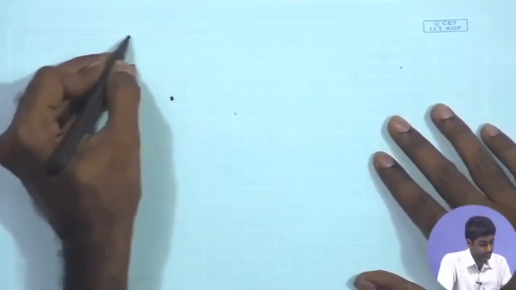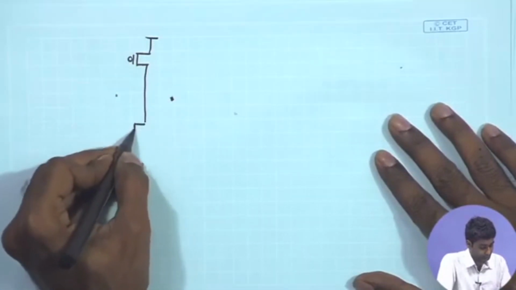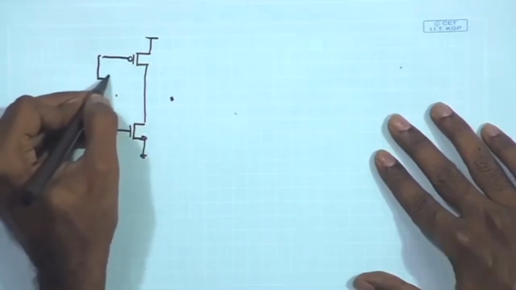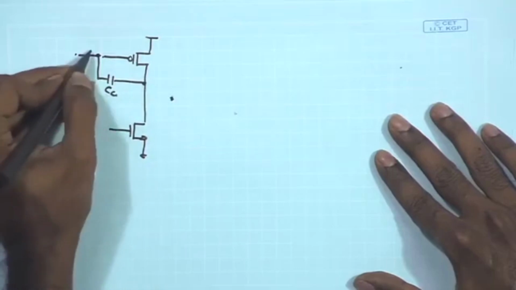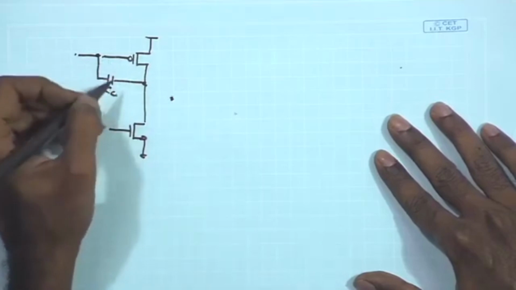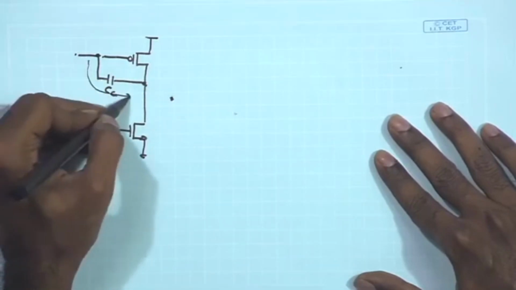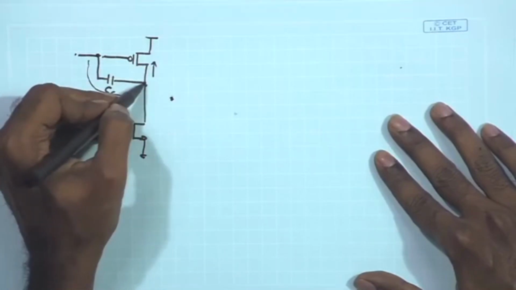So, here if I look at the second stage, you have the CC between the input of the second stage and the output for compensation, and as a result we have two different signal paths, one coming from the input to the output through the CC, and another one coming from the drain of the MOSFET.